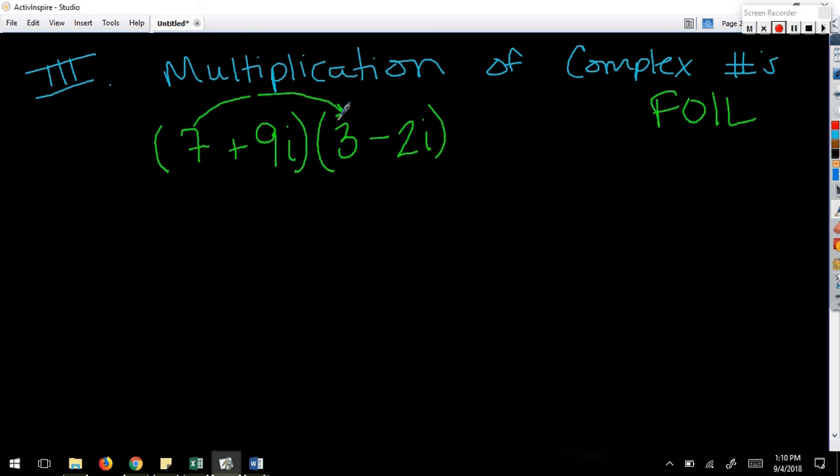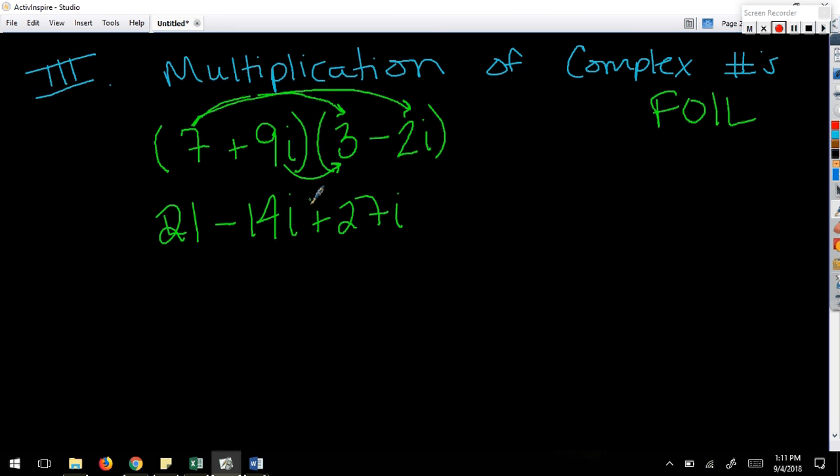7 times 3, 21. 7 times -2i is -14i. 9i times 3 is 27i. 9i times -2i is -18i squared.